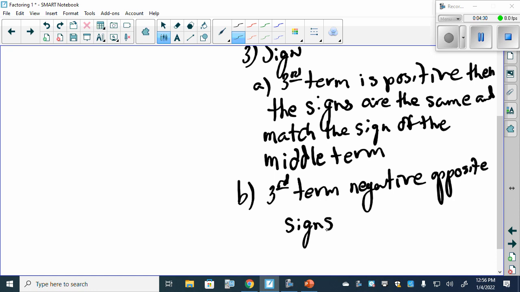If the third term is negative, our signs are opposite inside the parentheses.